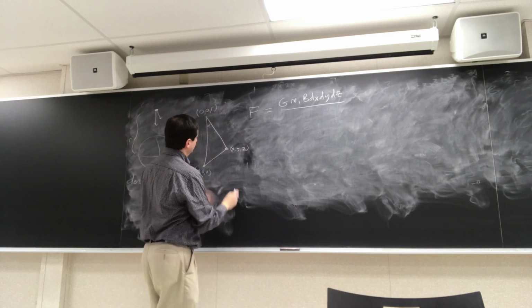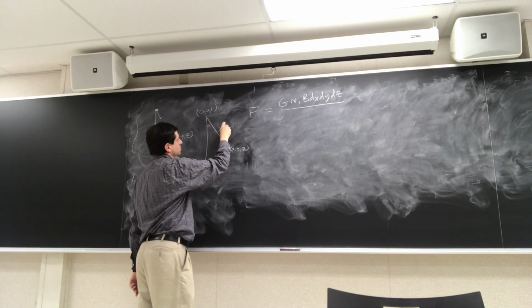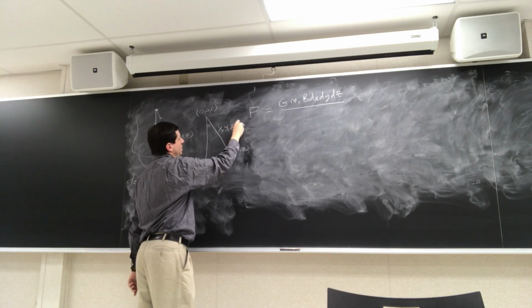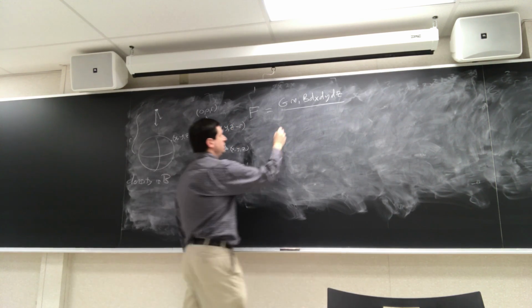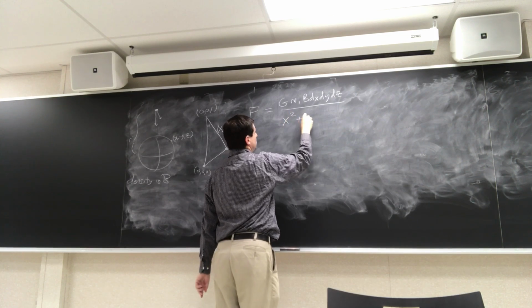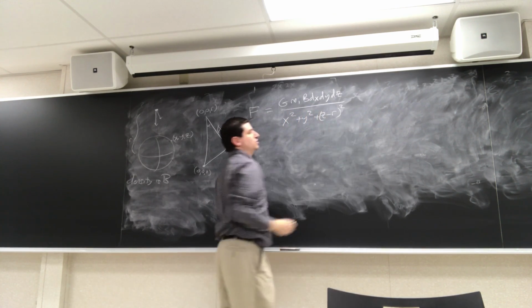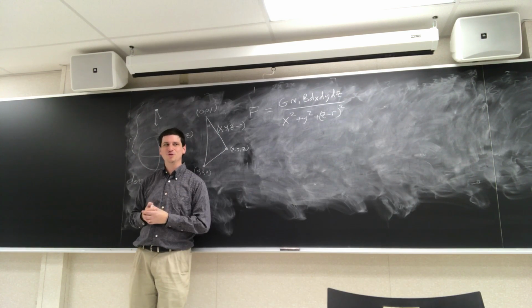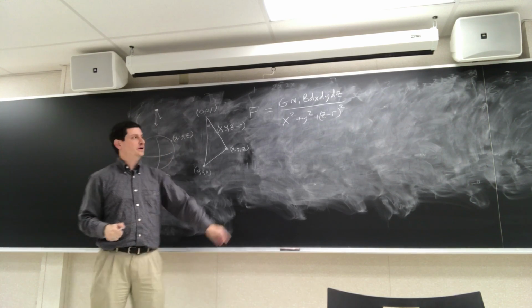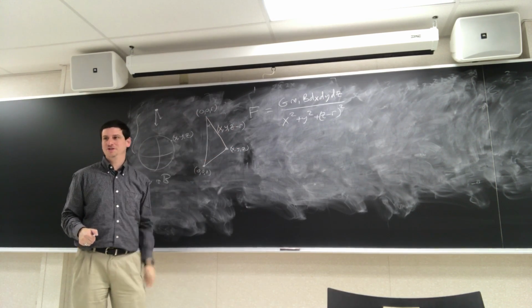So this vector is going to be x, y, z minus r. So its length would be x squared plus y squared plus z minus r squared. Now I should take the square root for the length, but then I need to immediately square it for the force, because the force is 1 over the distance squared. When I say force, that's the force in the direction between these points.